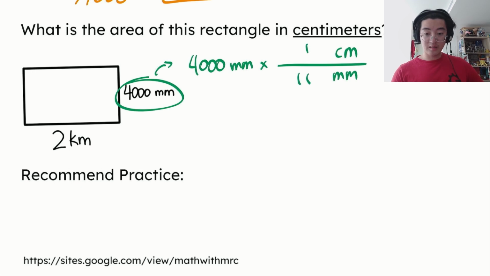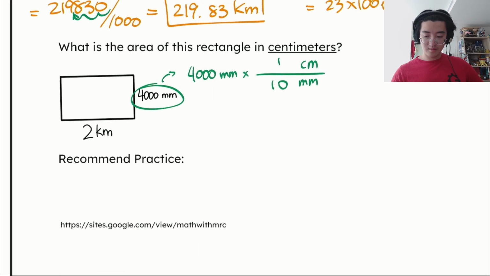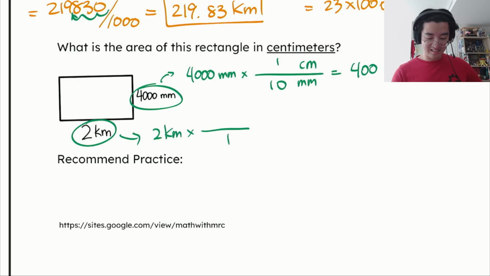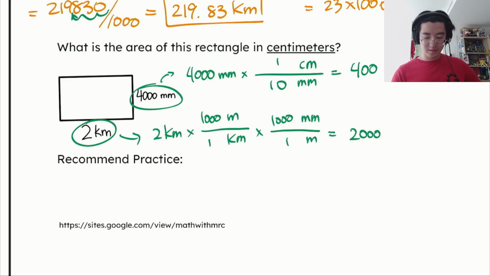So you got 1 over 10, which is just 400 centimeters. Kilometers into millimeters. I lied, I guess we did this again. So convert to meters first, and then millimeters. 1, 2, 3, 4, 5, 6 zeros.